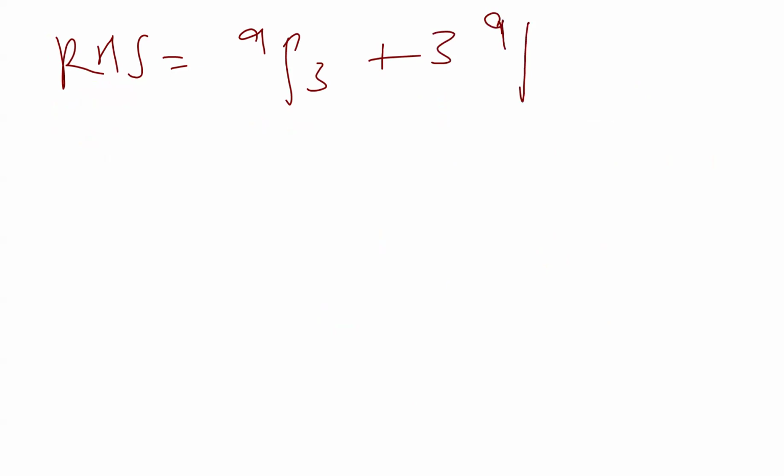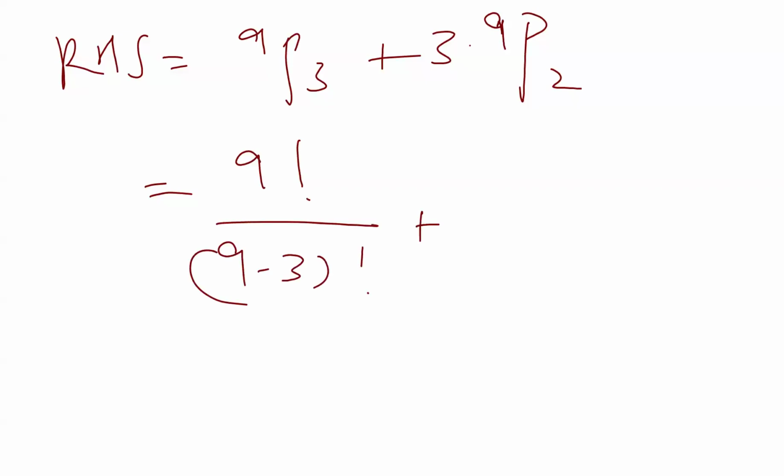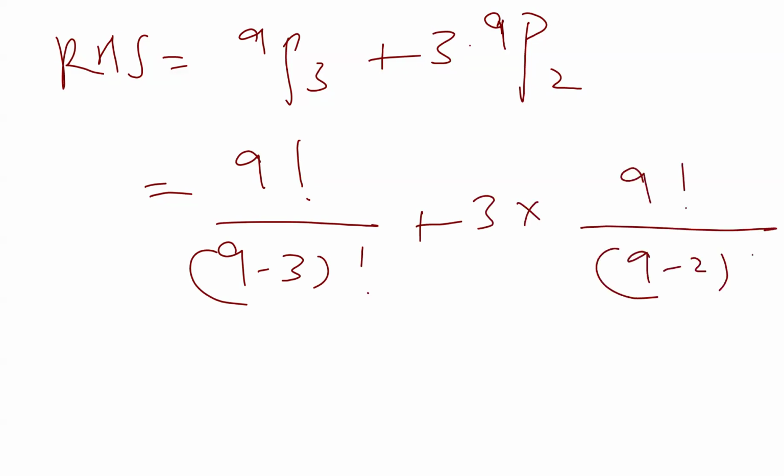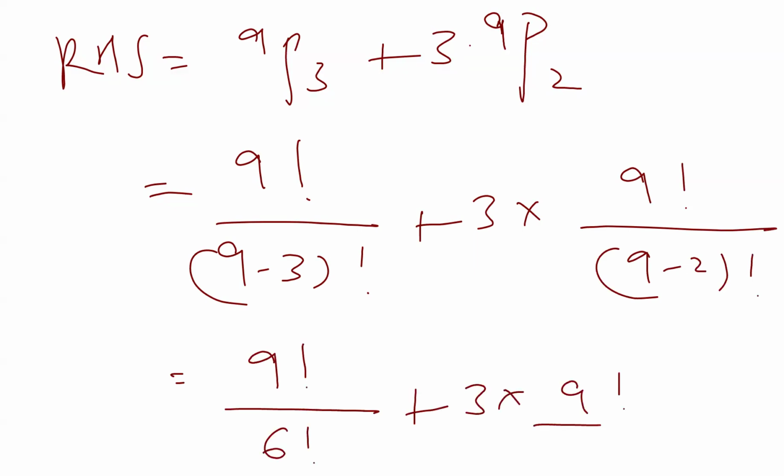Right hand side: 9P3 plus 3 into 9P2. So 9P3 is 9 factorial upon (9 minus 3) factorial, so 9 factorial upon 6 factorial. 3 into 9 factorial upon (9 minus 2) factorial, so 3 into 9 factorial upon 7 factorial.